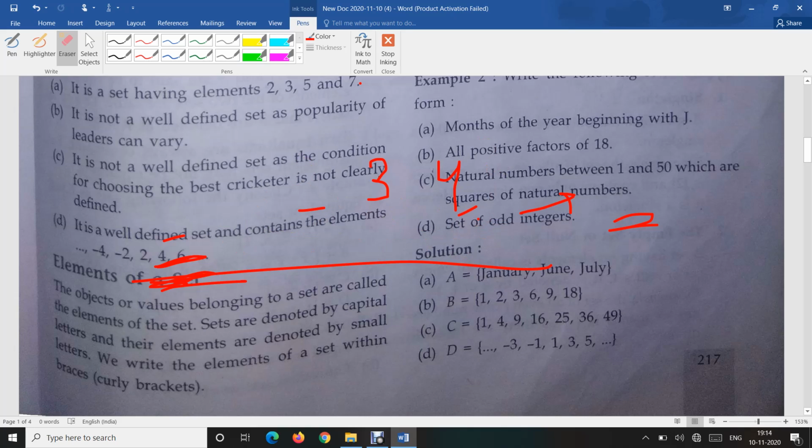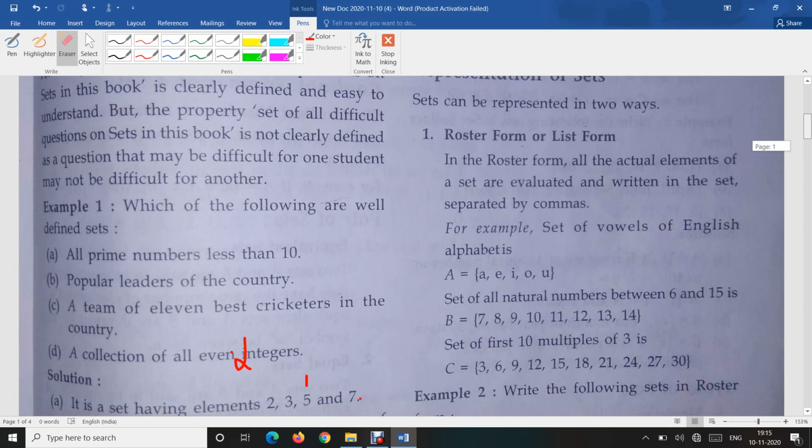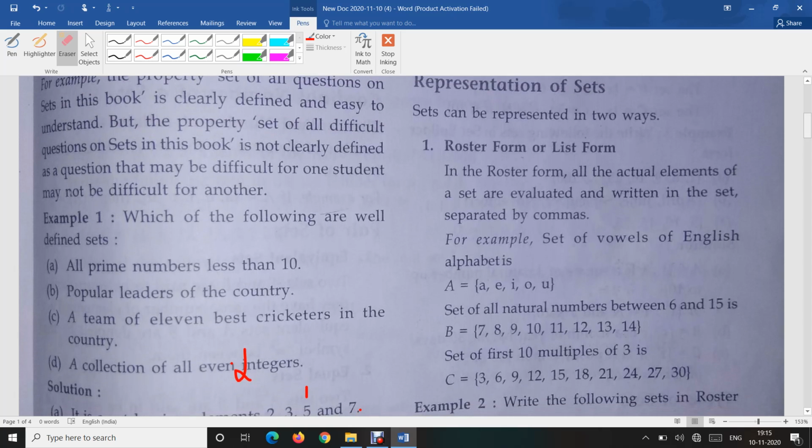First one is the listing method, or you can say the roster method, the second one is set builder, and the third one is Venn diagram. First of all, we will learn about the roster form or the list form. This is the first way to represent a set, whose name is roster form or list form.